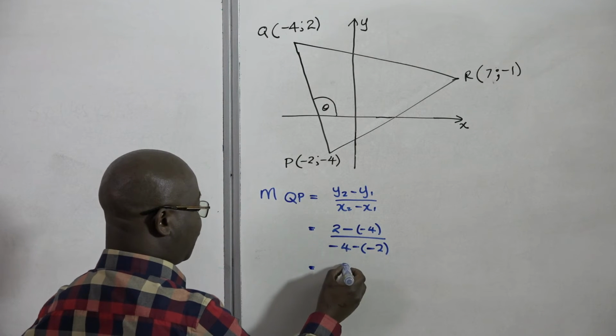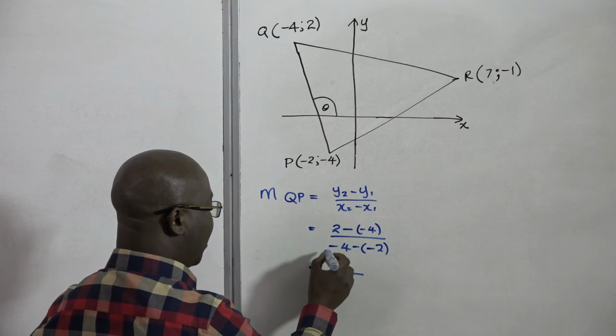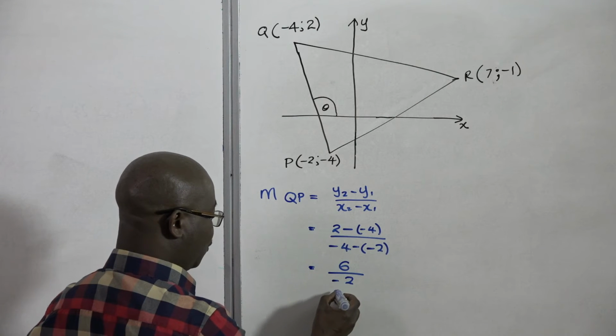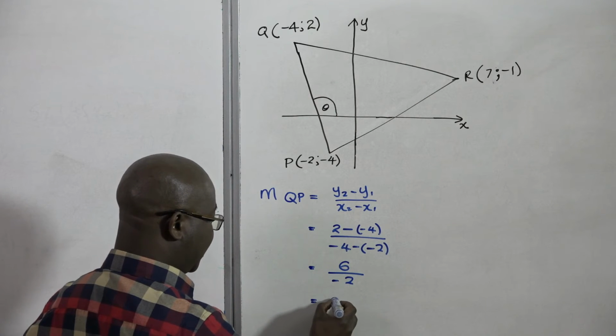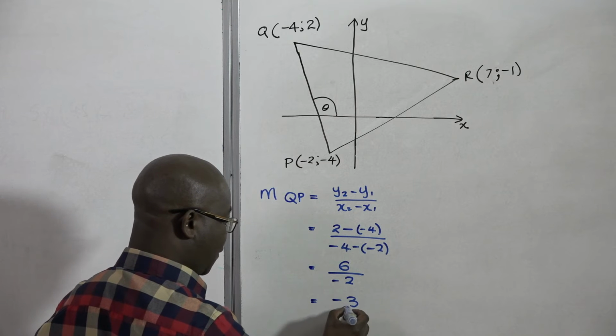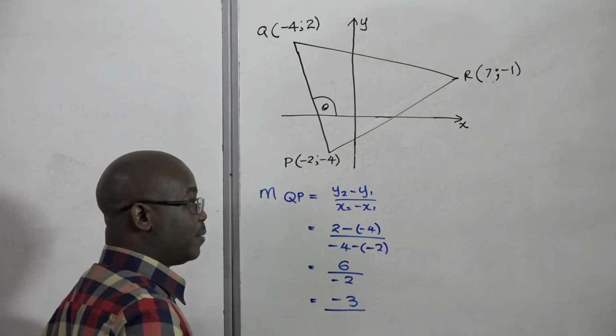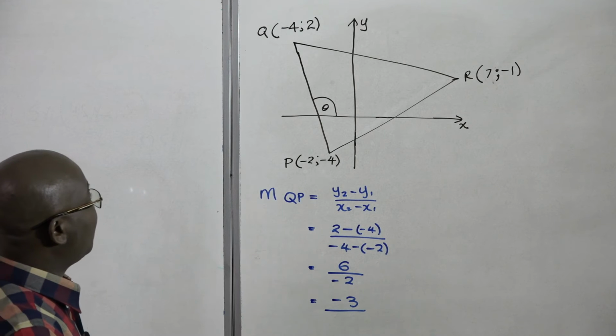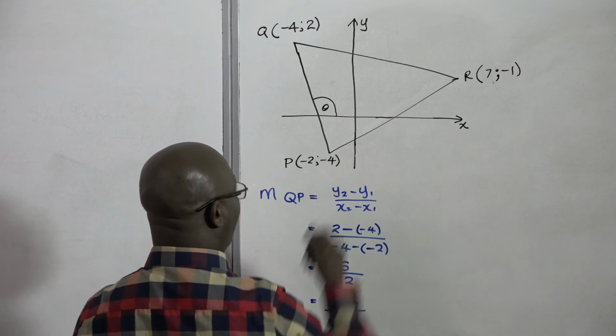2 minus minus 4 gives us 6. Minus 4 plus 2 gives us minus 2. And therefore, our gradient becomes minus 3. So that becomes the gradient of our first line. Then let's find the gradient PR.